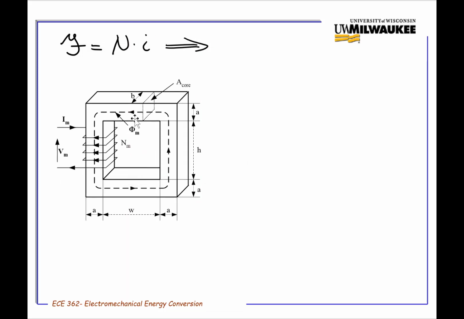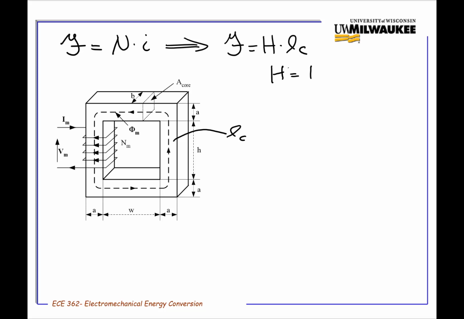The length of the core is really the length of this line in the middle of the core, and so F is equal to the H value times LC.